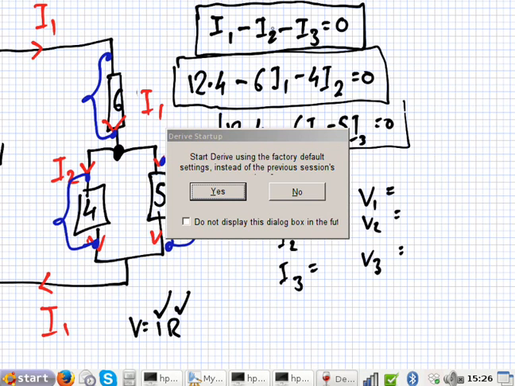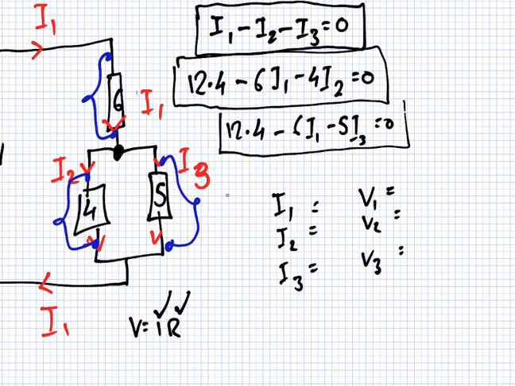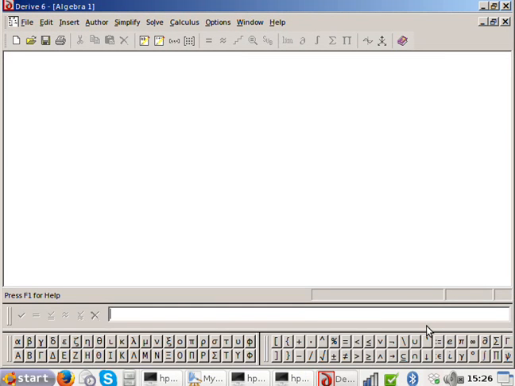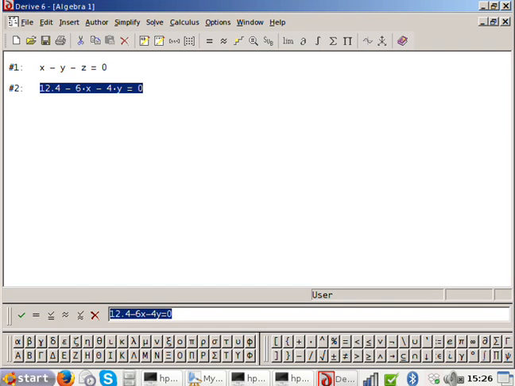Because I need you to read them back to me. Okay. So, where's my program? Here. What's the first equation? So, x minus y minus z equals 0. Next one? 12.4 minus 6x minus 4y equals 0. Yeah. 12.4 minus 6x minus 5z.